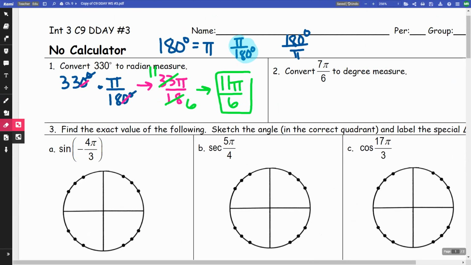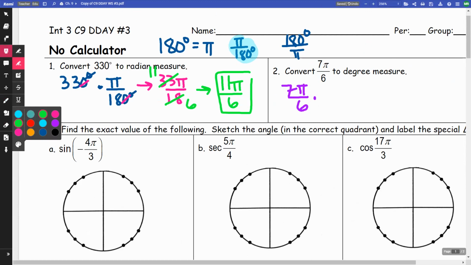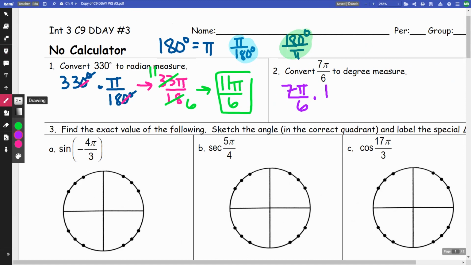So when I'm doing 7 pi over 6, trying to convert it, if I'm using the big 1 again, this time I want to use 180 over pi so that my pi's cancel out. So when I do that, the pi's cancel out.